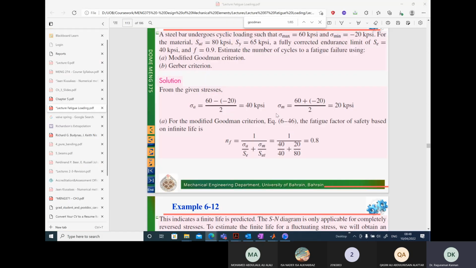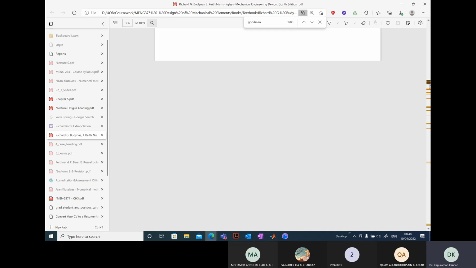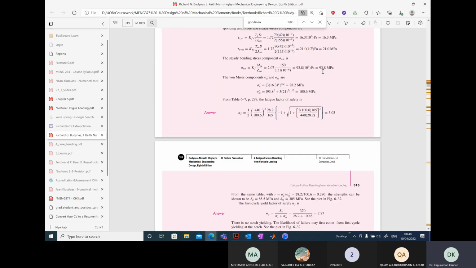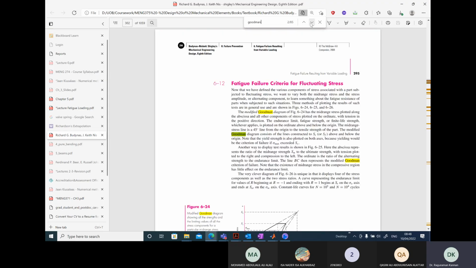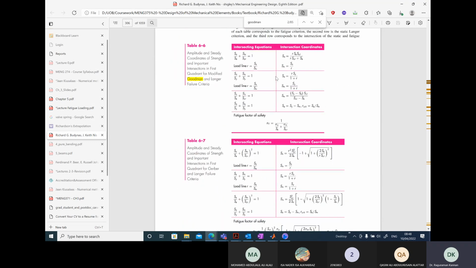To find that, I go back to the table. This is the fatigue factor of safety formula directly here. I can use this directly instead of doing it graphically. But if you want to do it graphically, you need the intersection point between the load line and the Goodman line.